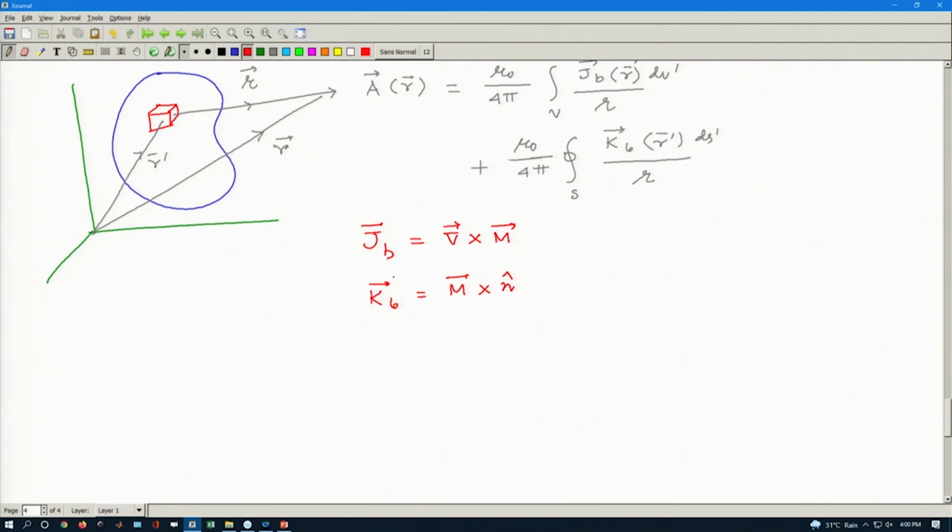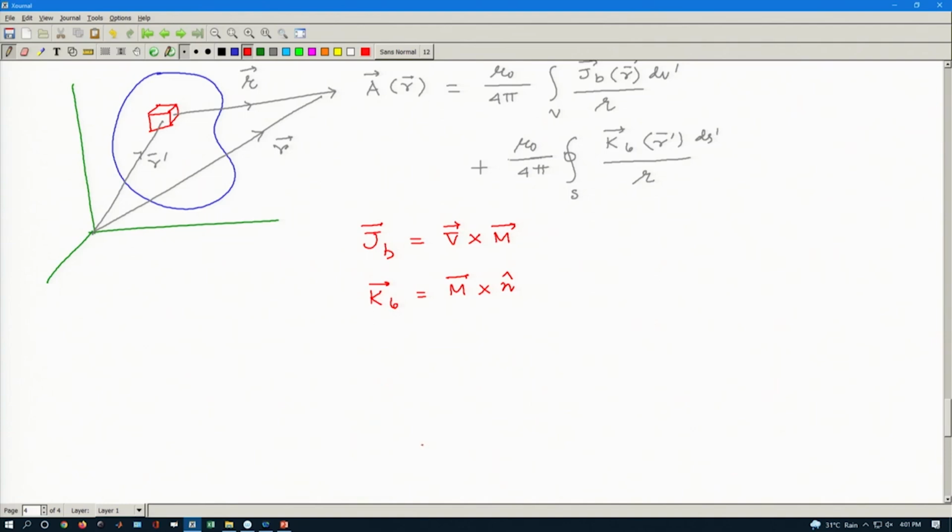Here we have the volume bound current density because of the curl of the magnetization and M cross n for the surface. So, that was the definition we put.